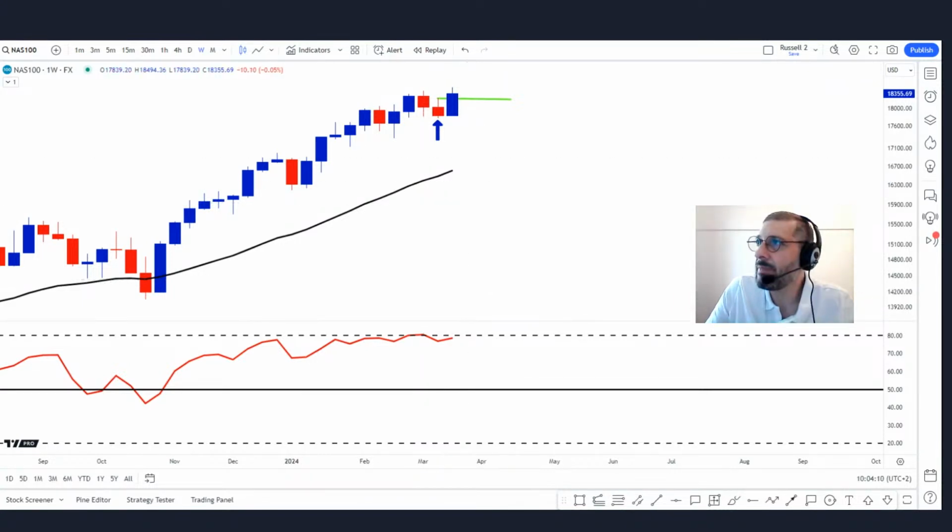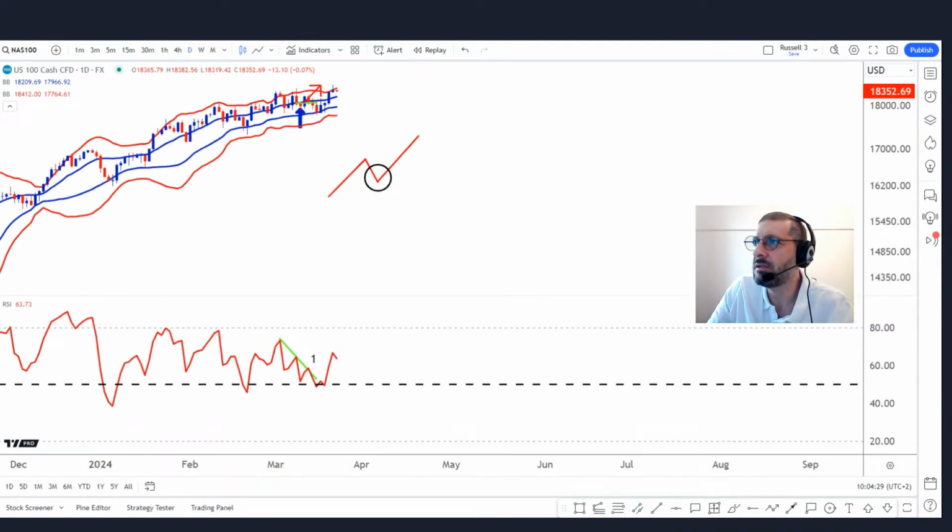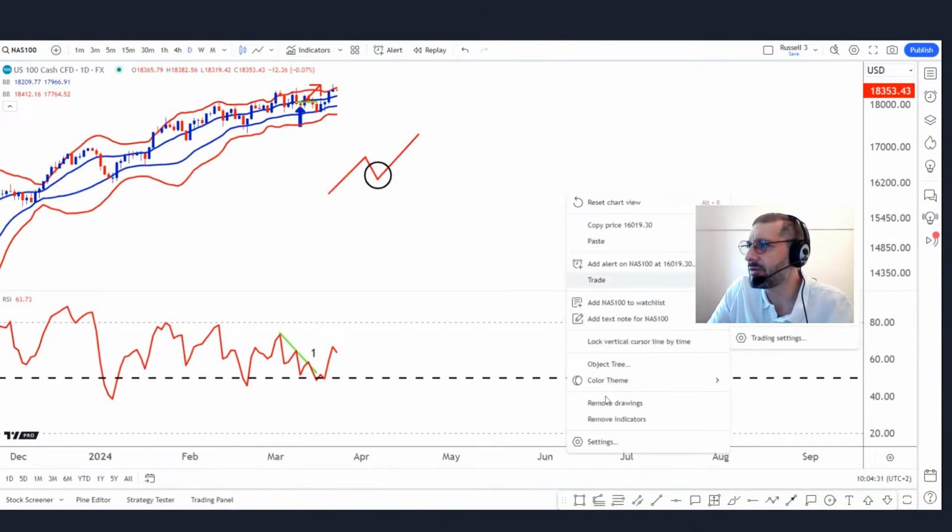Okay. Let's take a look at NASDAQ on the daily chart, in terms of our zones. I'm just going to share that with you. Let's get rid of our drawings here.